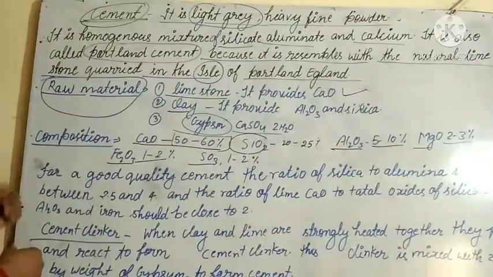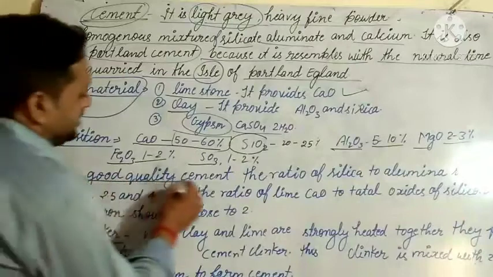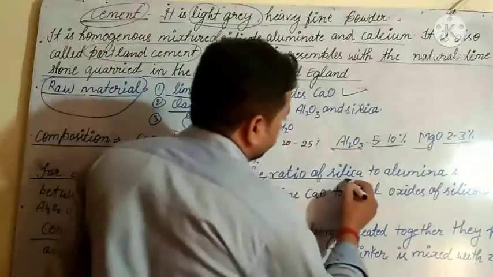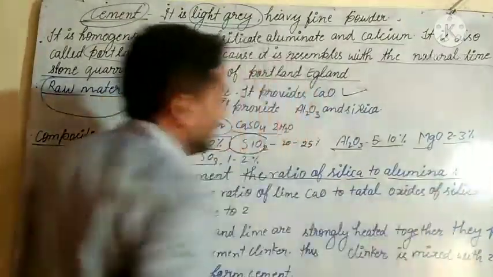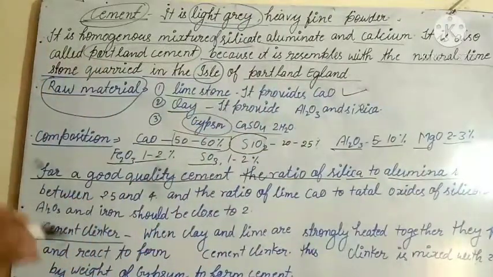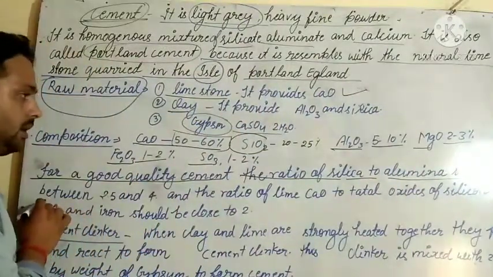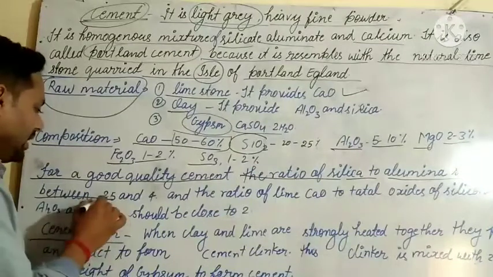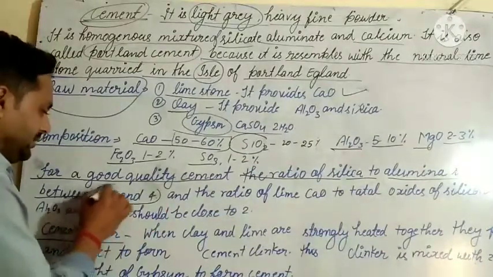For a good quality cement, the ratio of silica to alumina should be between 2.5 and 4. You remember it.